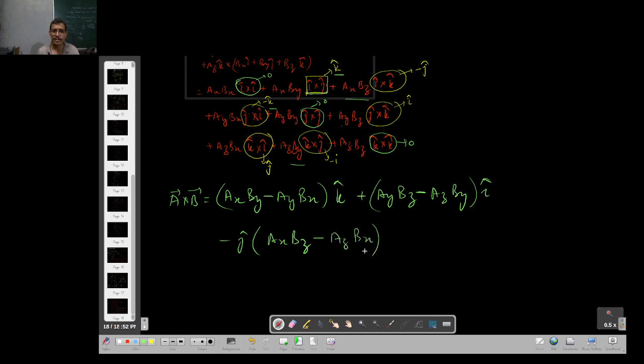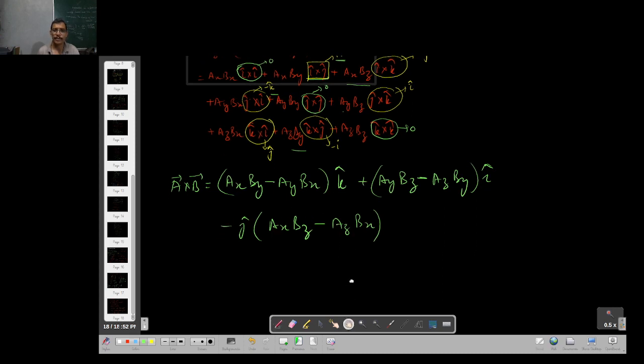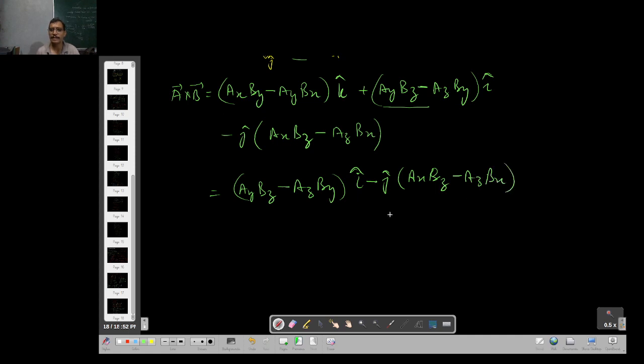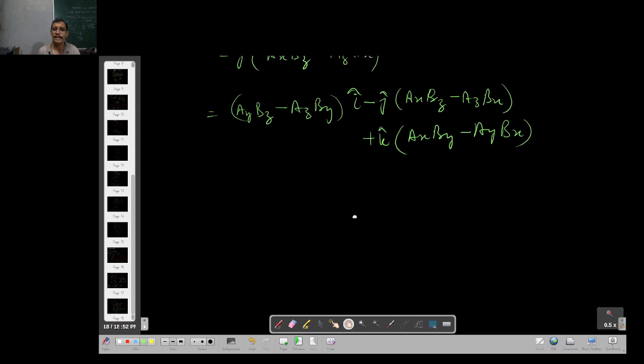So if I rearrange it, first let me talk about i and then j and then k: (ay bz minus az by) i cap, minus j (ax bz minus az bx), plus k (ax by minus ay bx).